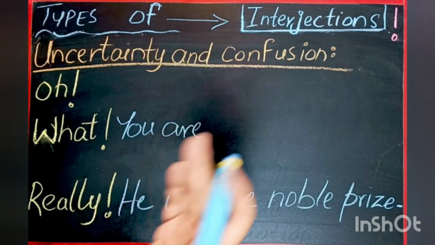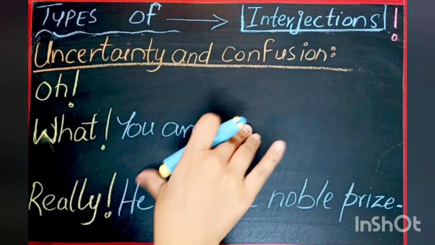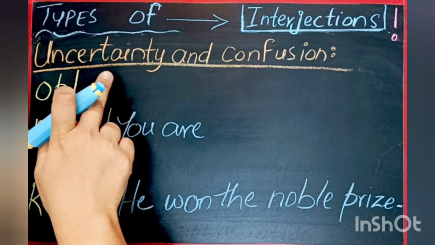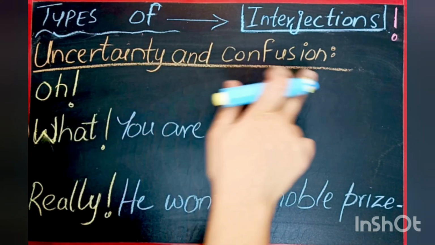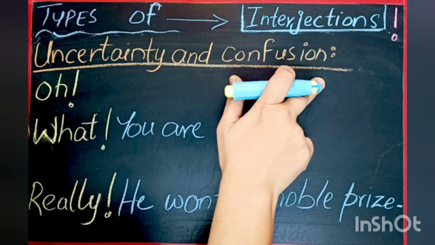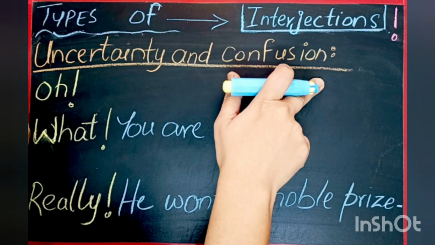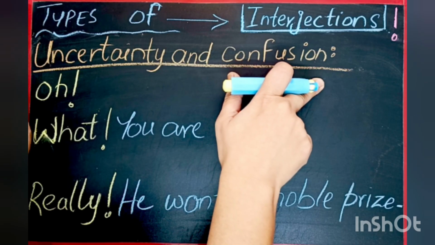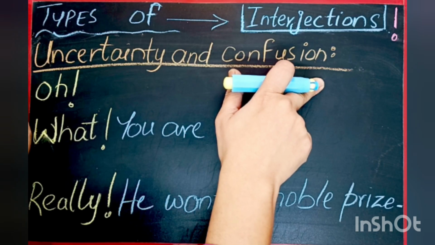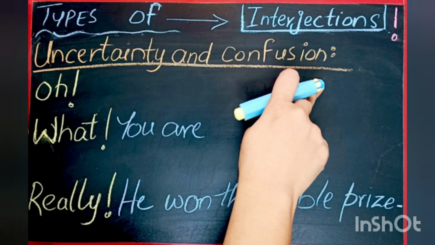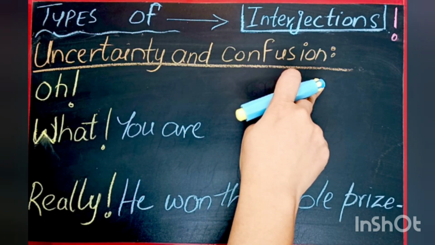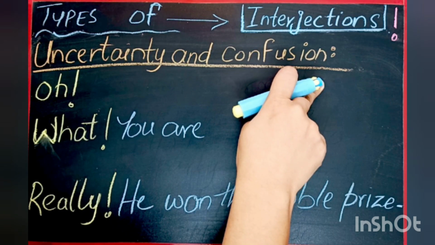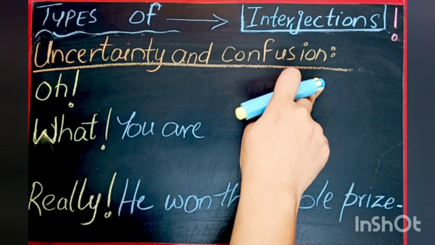This type of interjections show us the uncertainty and confusion. When we get confused, we utter these words, these interjections, while speaking. Okay, when we think that we don't get the situation, we don't understand the situation.